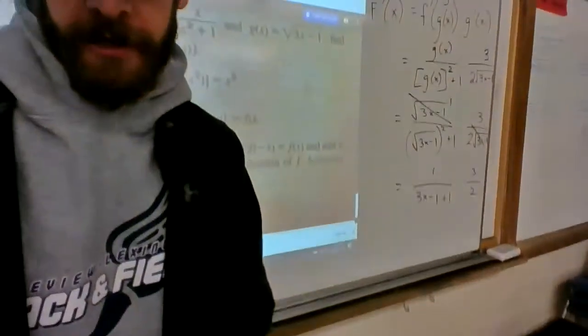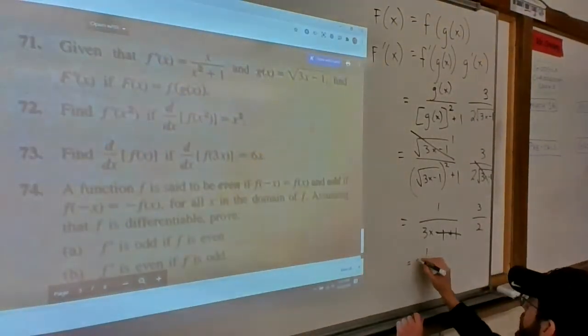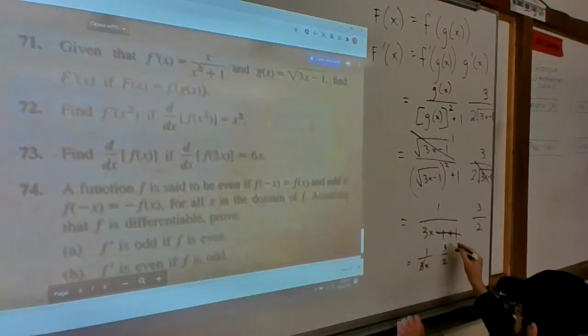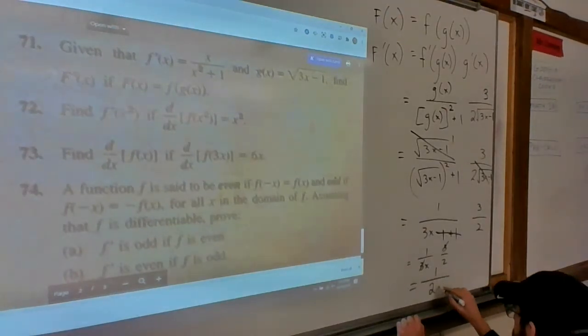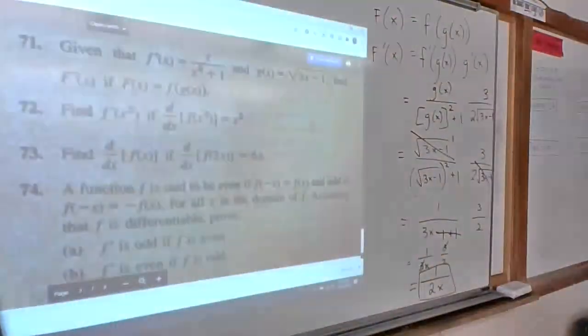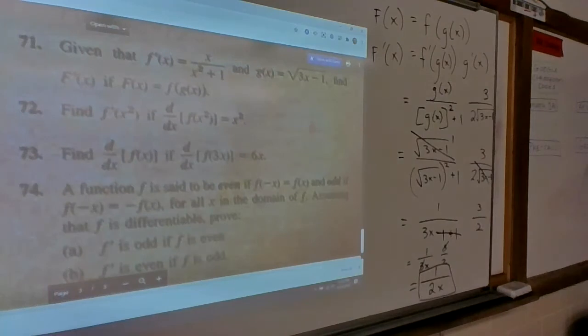Negative 1 plus 1 is 0. So then you're left with 1 over 3x times 3 over 2. Cross cancel the 3's, and you got a final answer. 1 over 2x. And we've confirmed that that is a correct answer as well.